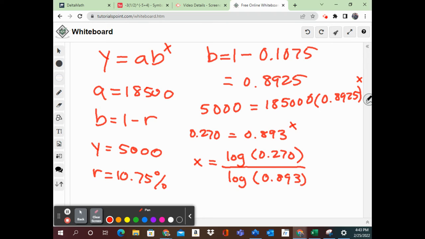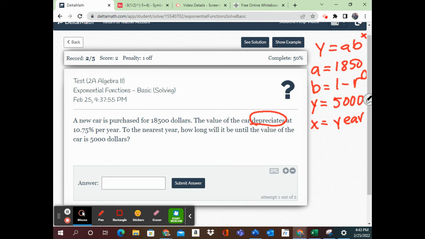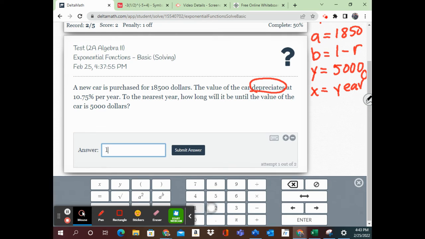So the logarithm of 0.270 divided by the log of 0.893, and that gives us an answer of 11.56. And they said they want us to round to the nearest year, so that will be 12 years for this answer.